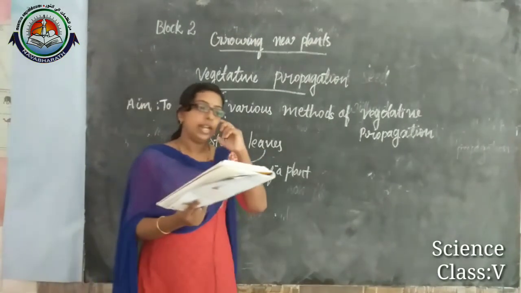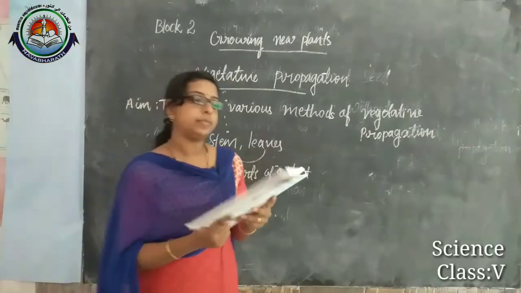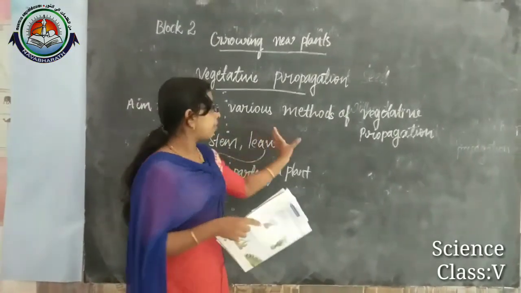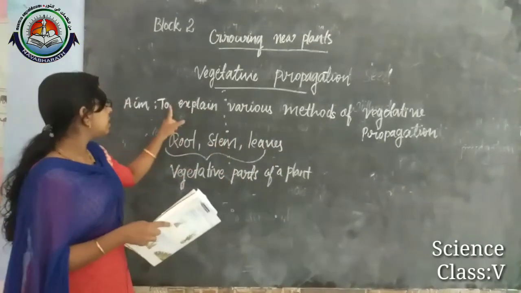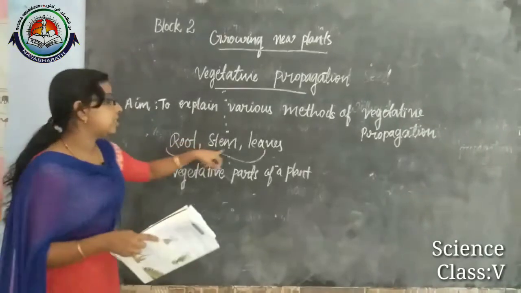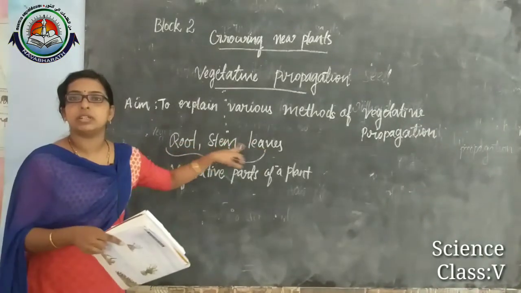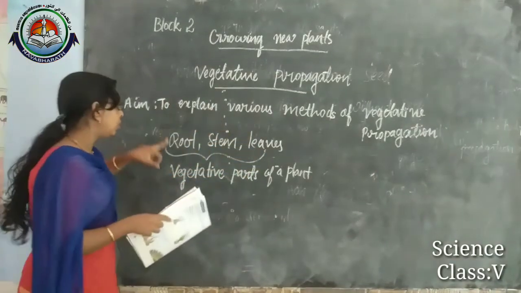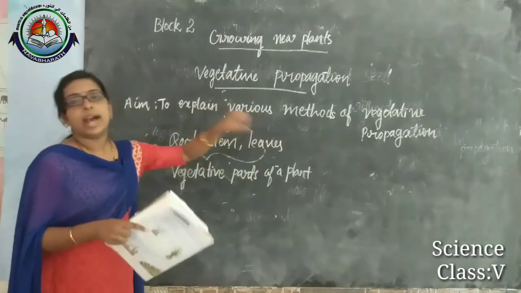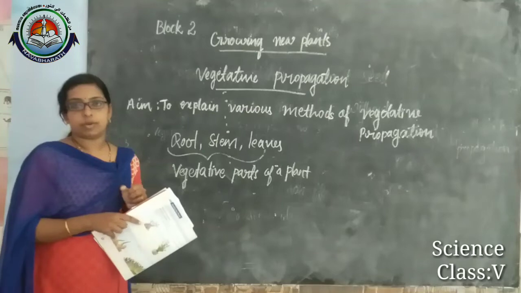Okay, that's all about vegetative propagation and its various methods. These three are the various methods of vegetative propagation: root vegetative propagation, stem vegetative propagation, and leaves vegetative propagation.